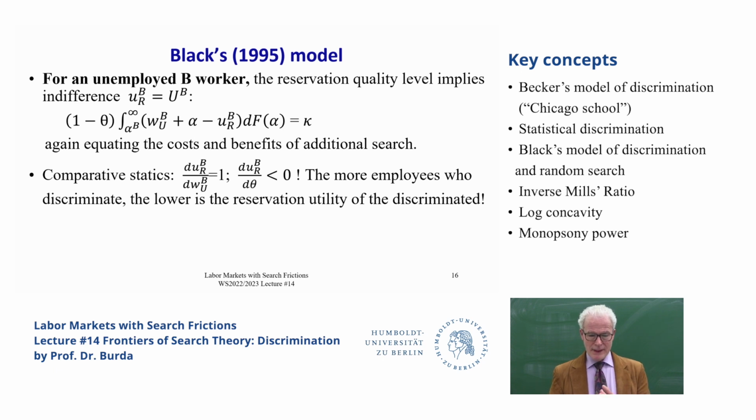Okay, so the more discriminators there are, and theta is strictly not equal to 1 or 0, so there are going to be some fair non-discriminators out there, but the more discriminators there are out there that are perceived by the discriminated, the more likely they are to accept a job offer. And what does that mean?